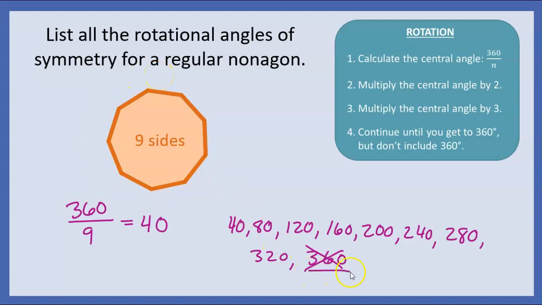But one of them, the 360, the full rotation, doesn't count. So the number of rotational angles of symmetry will always be 1 fewer than the number of sides. Always n minus 1 for any n-gon. Just something you can store in the back of your mind. You can always list them out like this.